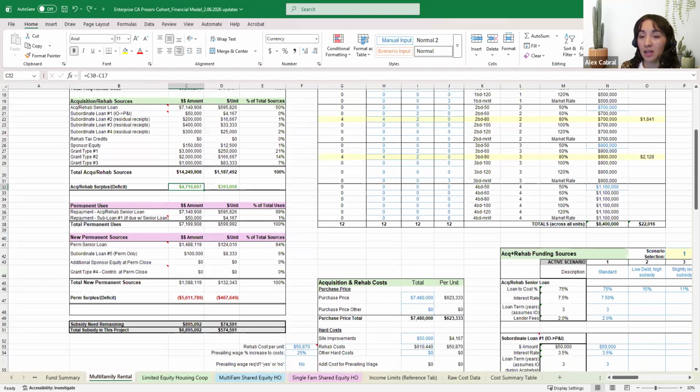But based on the permanent sources and uses, we actually have a cash shortfall, which is to say we're taking out these two loans, and based on the size of our perm loan and sub debt and income generated from the property, we don't have enough money. We have an imbalance, we have a deficit. So this is telling me I probably can't take on as big of a senior loan during the AC rehab phase as I had estimated.